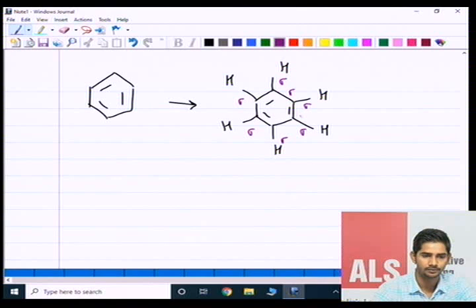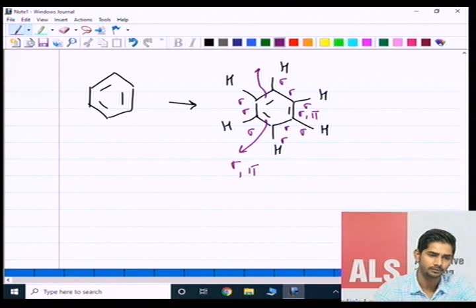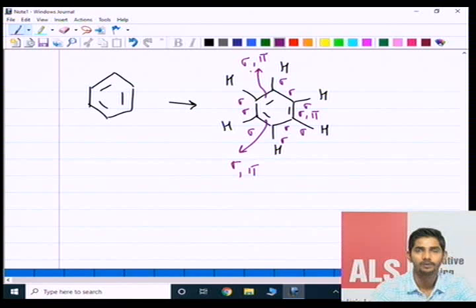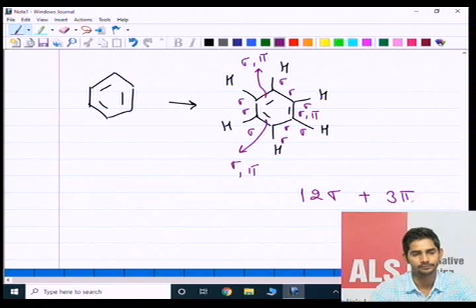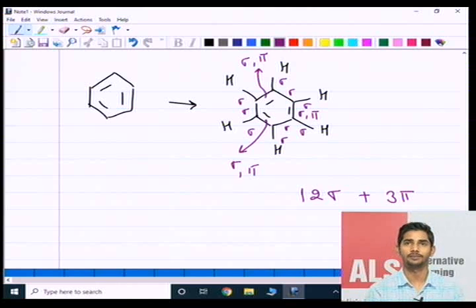Sigma, sigma pi, sigma, sigma pi, sigma, sigma pi. Okay, so guys, we can count the sigma and pi bonds. See, 6 and 6, 12. 12 sigma, 3 pi. Okay, this is in benzene, how we calculate the sigma and pi bonds.